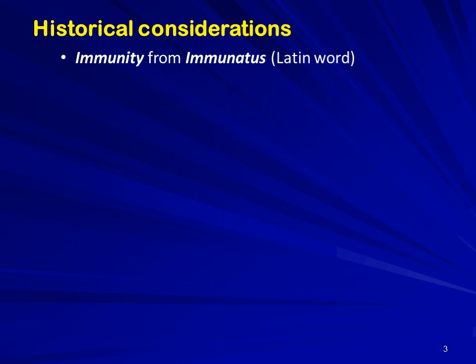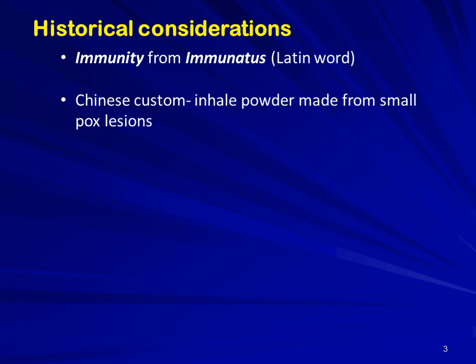So historical considerations: the word immunity is derived from immunitas, a Latin word, which gives the meaning of protection or freedom from disease. Chinese customs: without knowing the concepts of immunity, there was a custom in China, the inhalation of powder made from smallpox lesions to get protection from smallpox.